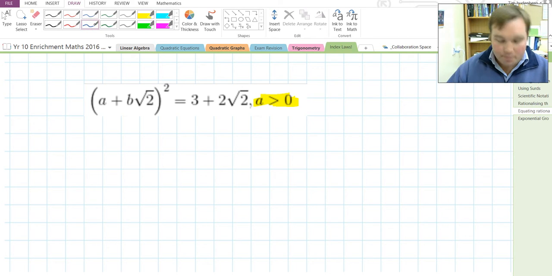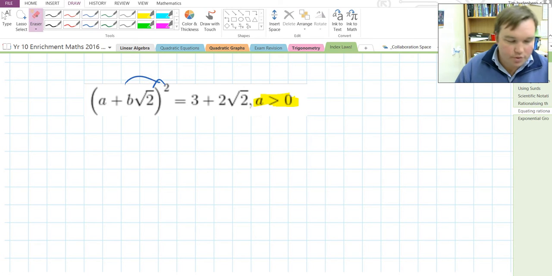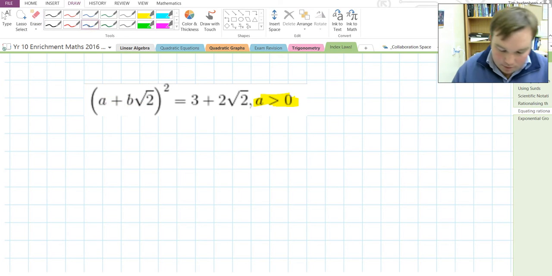We could expand out this, remembering that we would use FOIL and not kill kittens while doing it. I would advise against doing that because you'll end up with a 2ab term in the middle. You genuinely don't want to multiply the number of unknowns you have. If you have just one a at the moment and one b, you don't really want to multiply them. So instead, we're going to square root the other side.